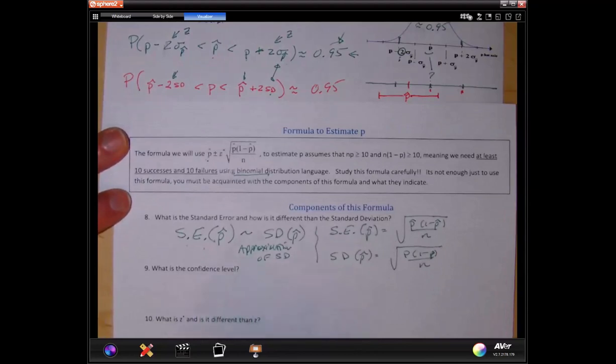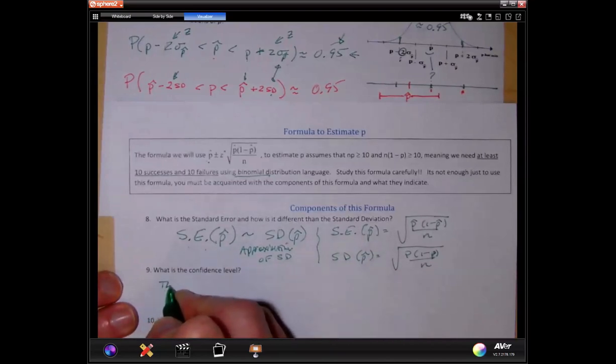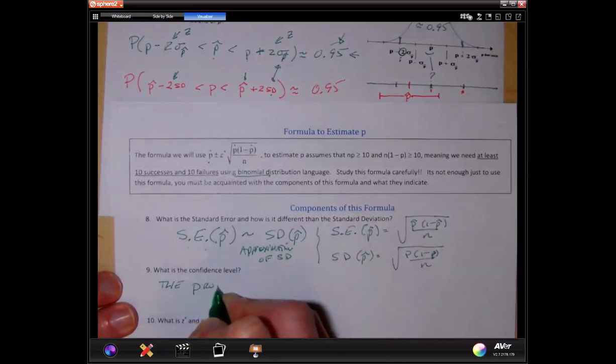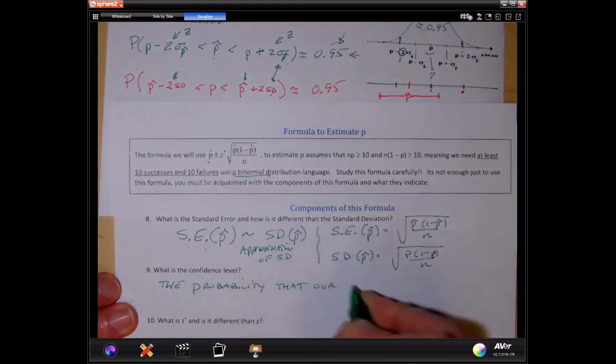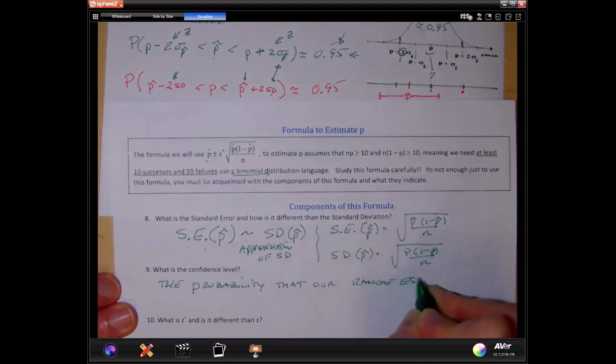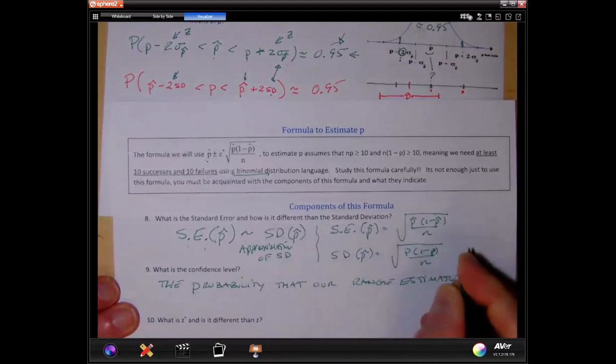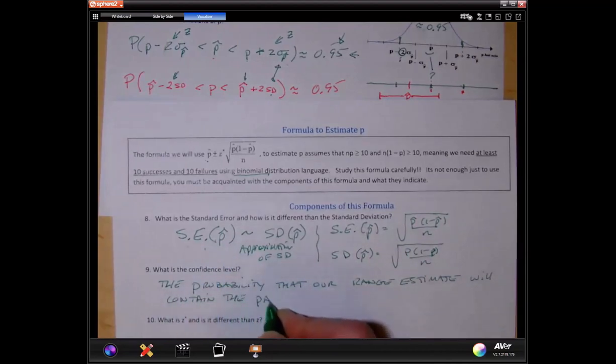What is the confidence level? All right, so what is the confidence level? The probability that a range estimate will contain the parameter we're trying to estimate.